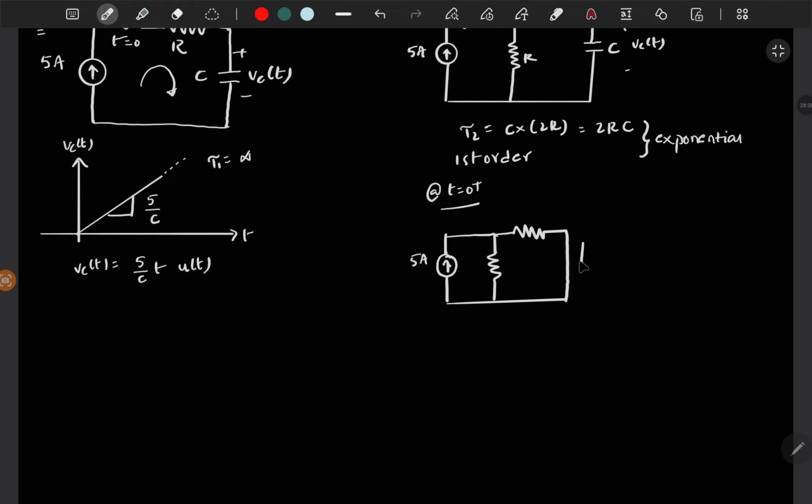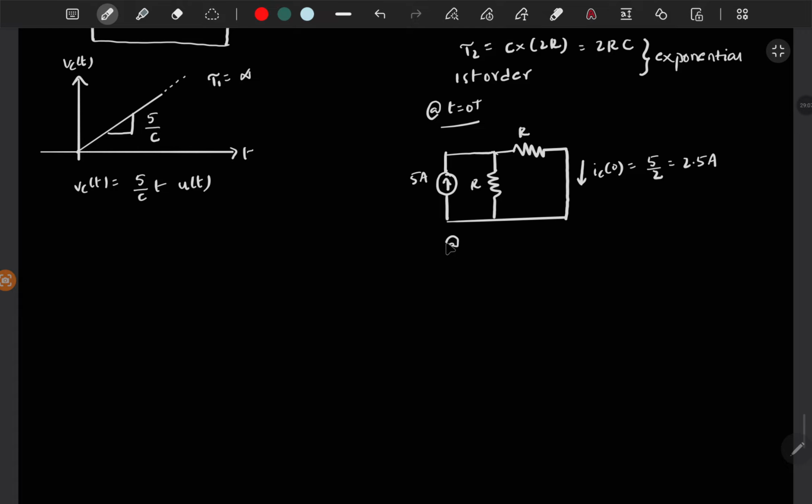So if you are pumping some finite current through a capacitor, then the capacitor will not change its voltage suddenly. Only when there is some impulse current through it, then only the capacitor voltage will change suddenly. So let's say this is IC of 0, you will get 5 by 2, 2.5 amps.